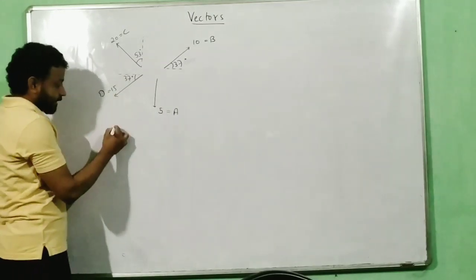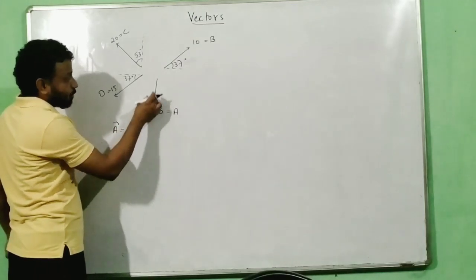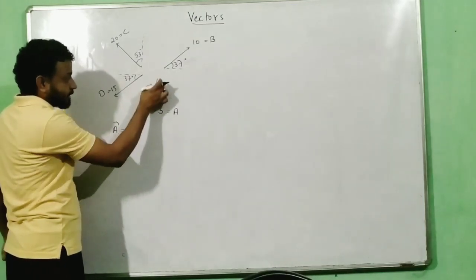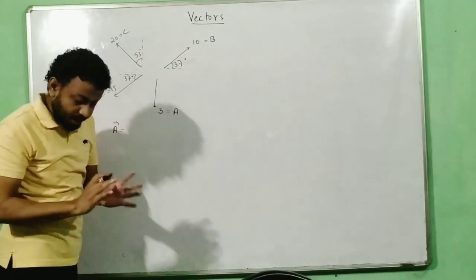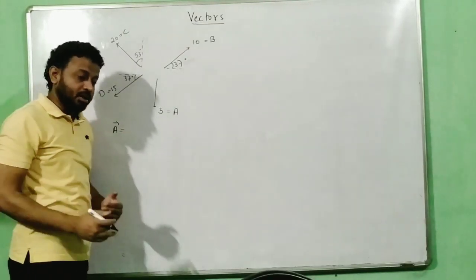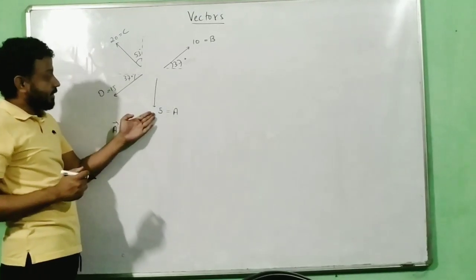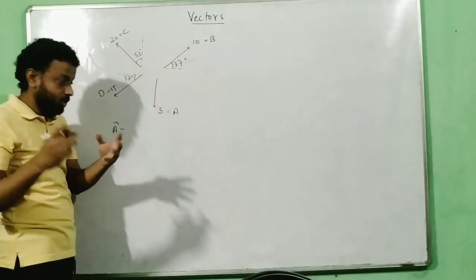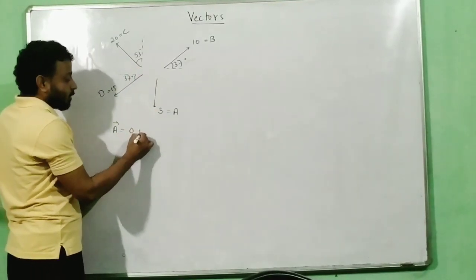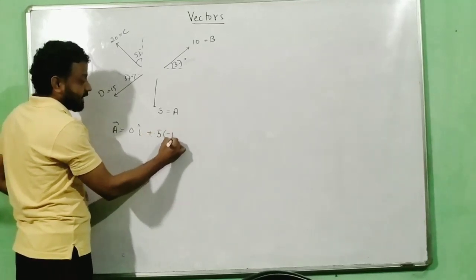So I will write A vector. How will I write A vector? Now, A vector is only pointing along y direction, correct? You have to get the entire thing in y and x. If something is already acting along y and x, that's a bonus for you. A vector is already perfectly acting along y direction, so it has nothing along i direction, but it has 5 along minus j direction.